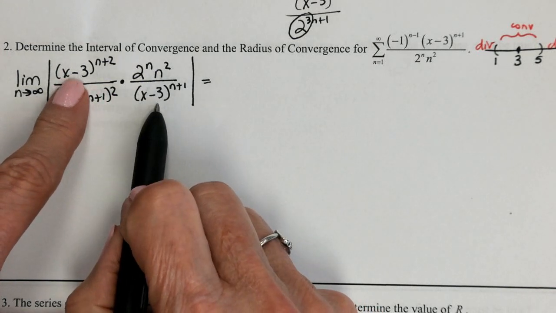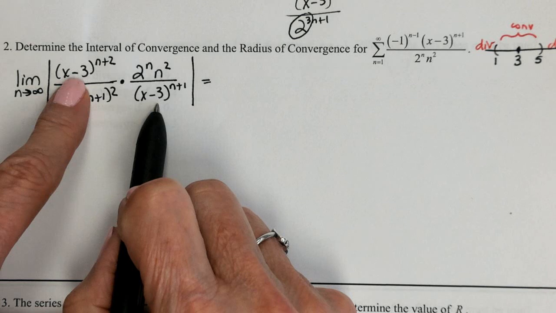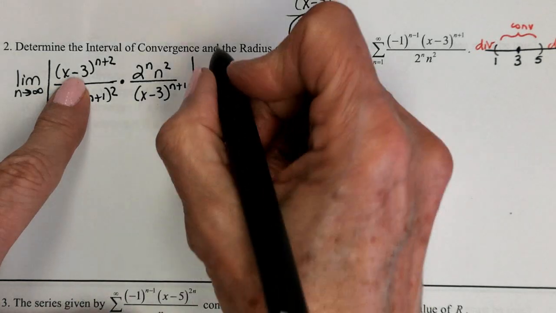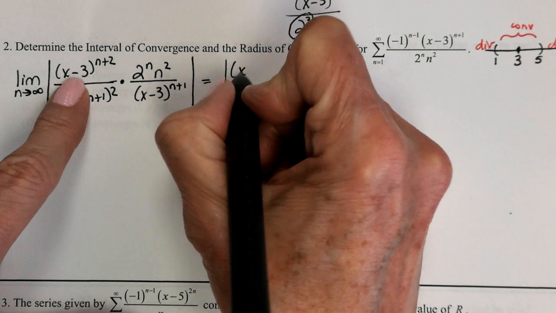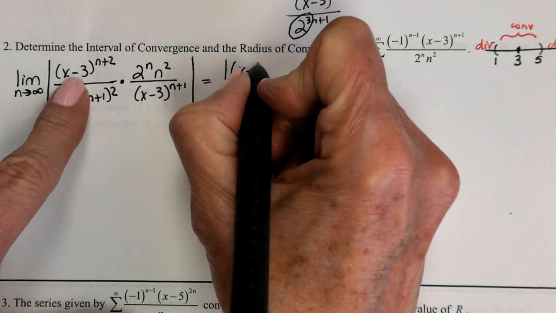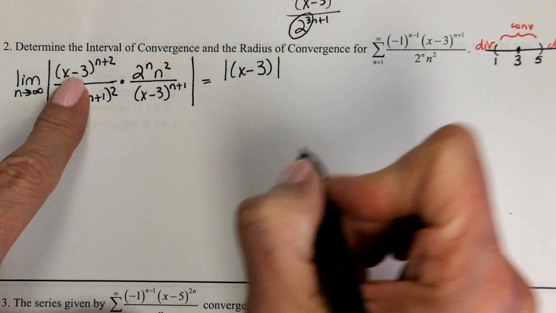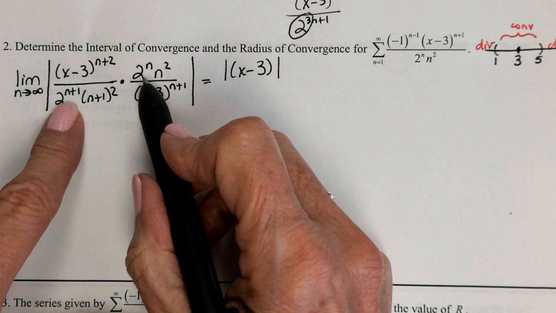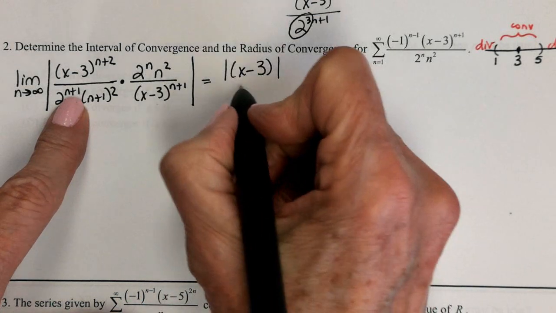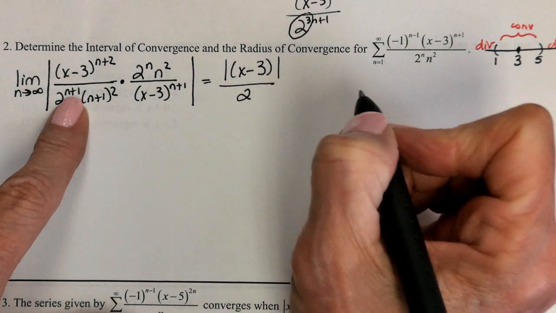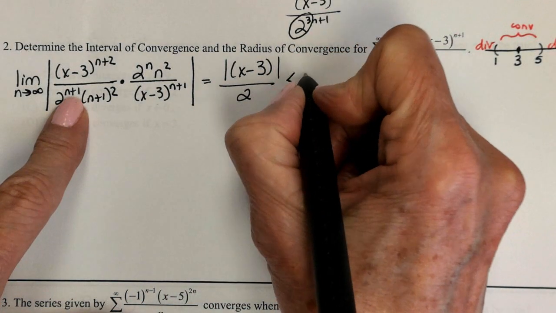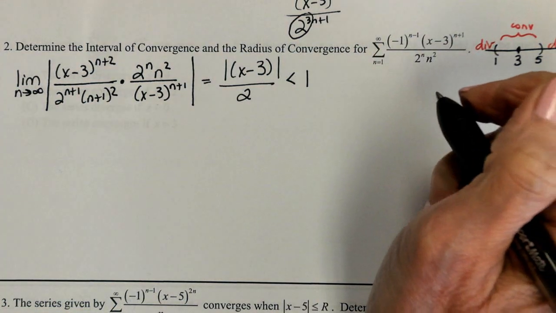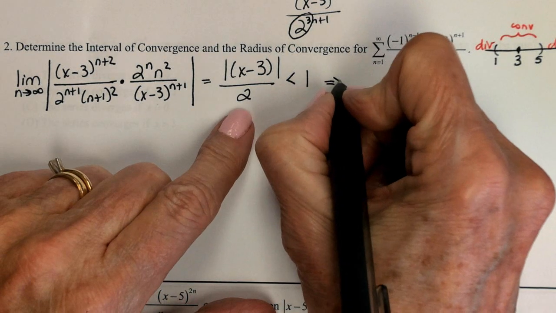I'm going to have the absolute value of x minus 3 on top. I have 1 left. Absolute value of x minus 3. I don't know why I put parentheses. I'm going to lose those parentheses in a second. Okay? And I'm going to have a 2 left on the bottom. We force this to be less than 1. I multiply both sides by 2.